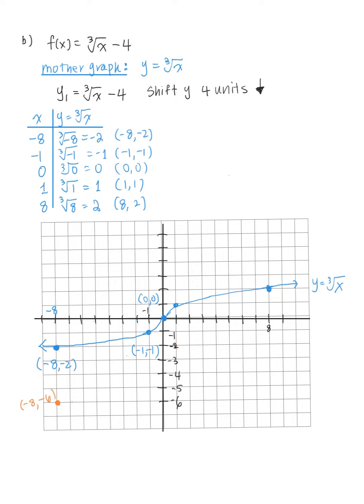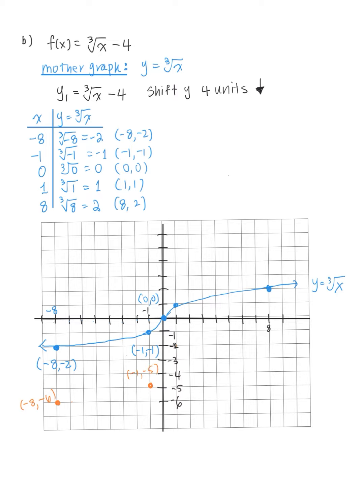All right, and the next one you can do the same thing. So let's take a look at (-1, -1). Remember, the x value stays the same. For the y value, you just subtract 4 from -1. So what's -1 minus 4? That's -5, isn't it? So here, we're going to go down, and we're going to be plotting (-1, -5).